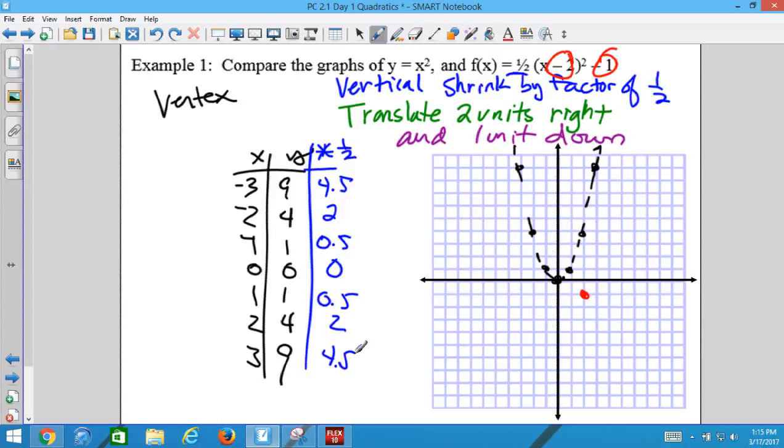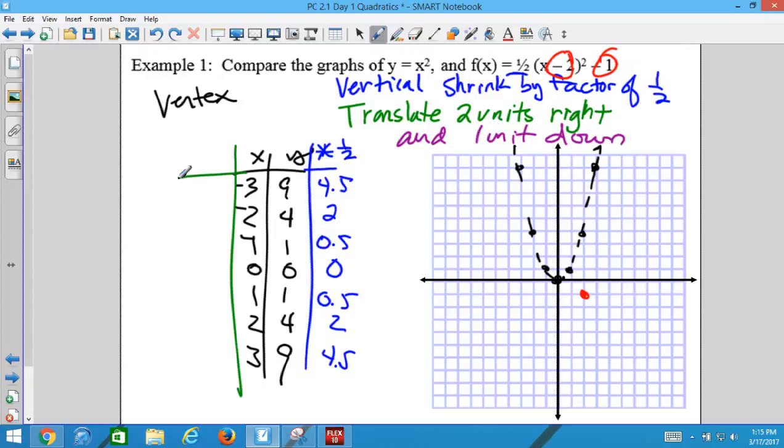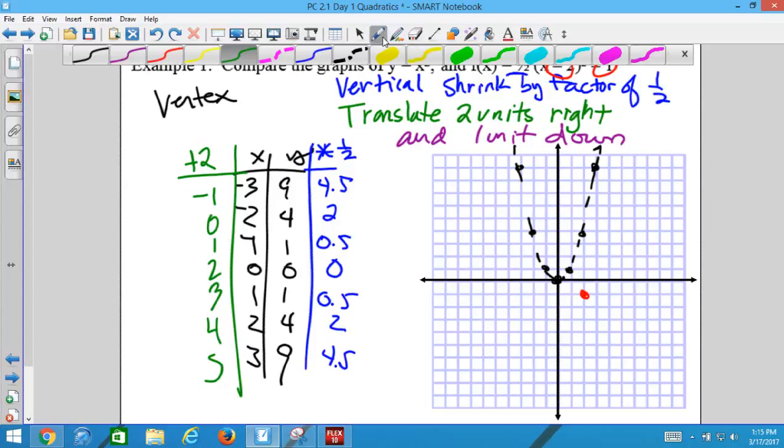After we do that, then we have some translation. To translate 2 units right affects which variable? The x. So that means I'm going to do what to my x's? Add 2. I thought we've done this before. We have. We've done it in trigonometry.